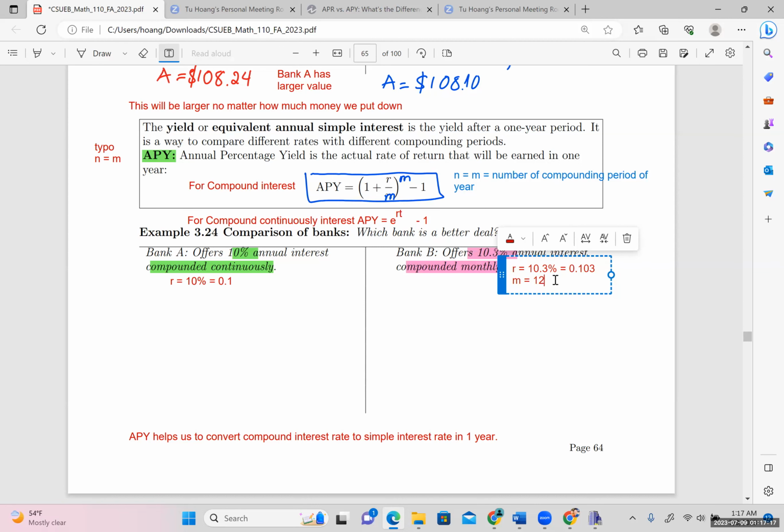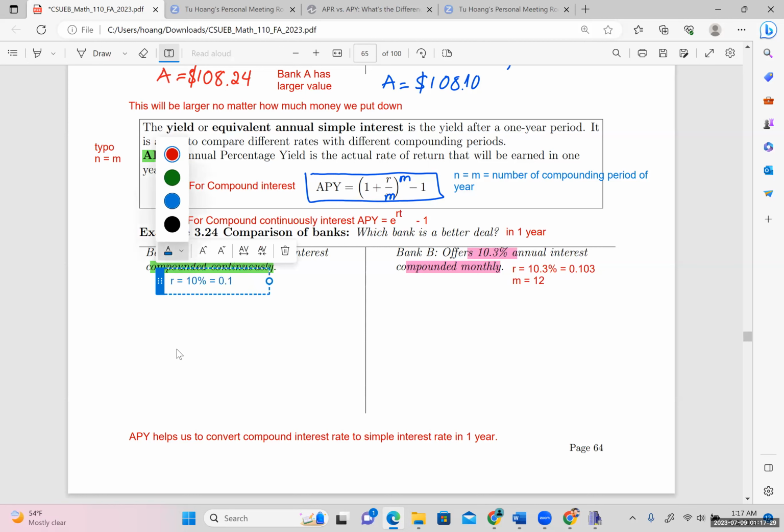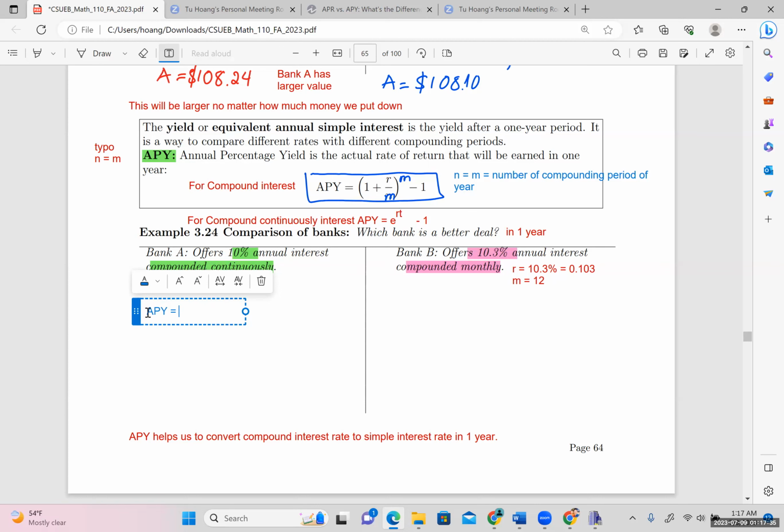We have 12 months in 1 year, so M equals 12. Then use this. Now APY we can find using the formulas above.